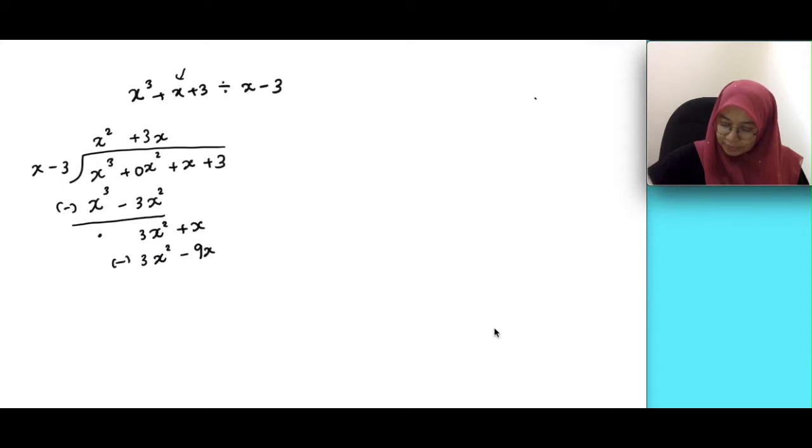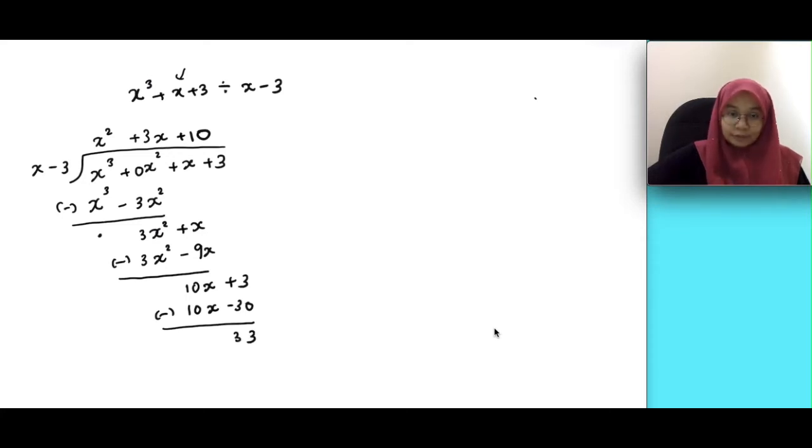So minus here, you will get 10x. 10x plus 3. Okay, so here is plus 10. 10 times x, you will get 10x. 10 times 3 minus 30. Minus, so here you will get 33.